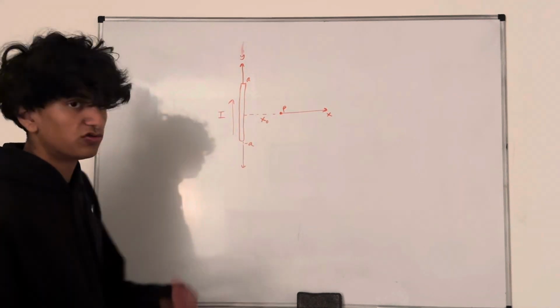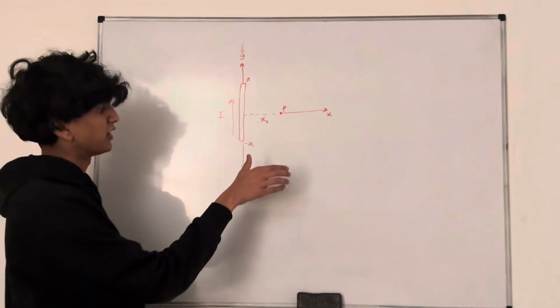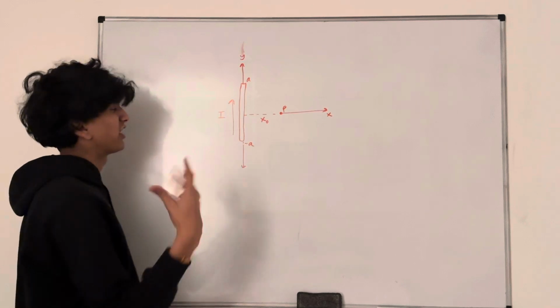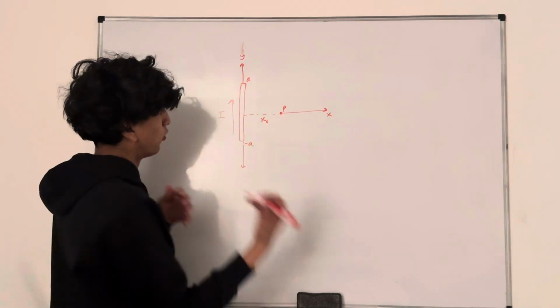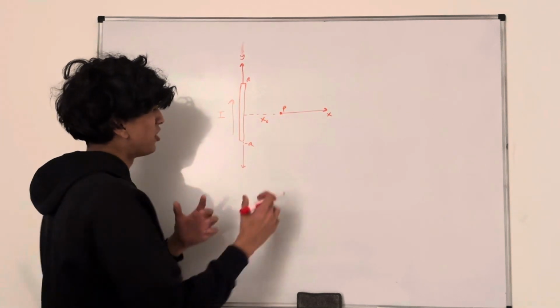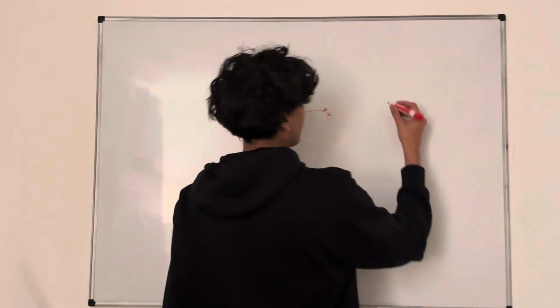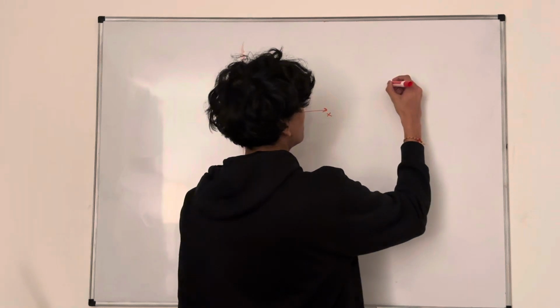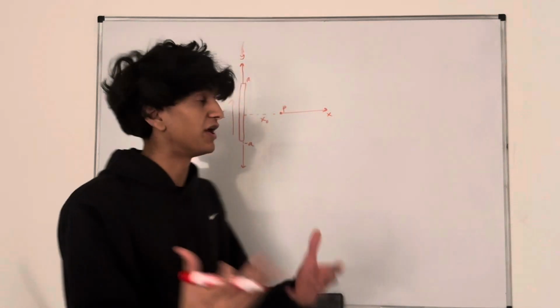So what you can use is the right-hand rule, but actually let's do this first. How do we find the net magnetic field at point P? Well, Biot-Savart law tells us that current can create a magnetic field.